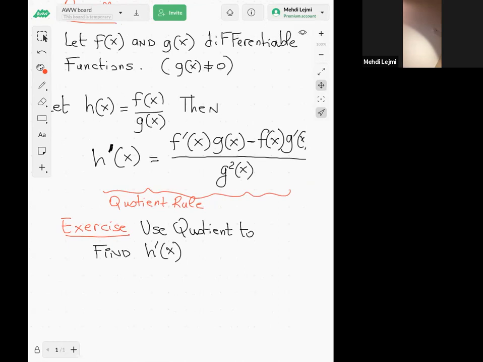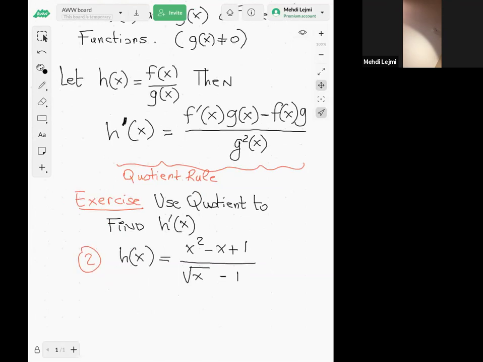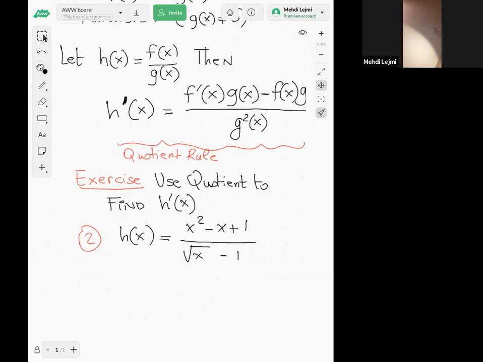Yeah, so we had the following function. Number two: h of x equal to x squared minus x plus 1 over square root of x minus 1, right? We solved number one.